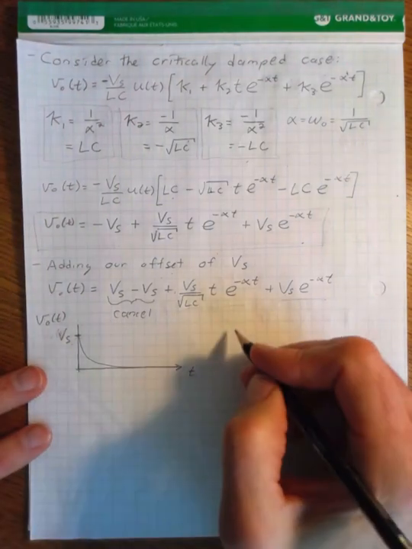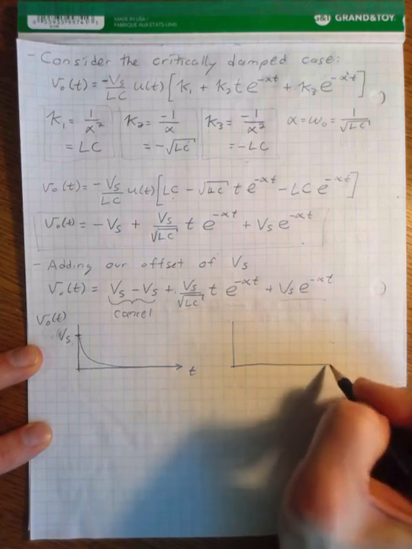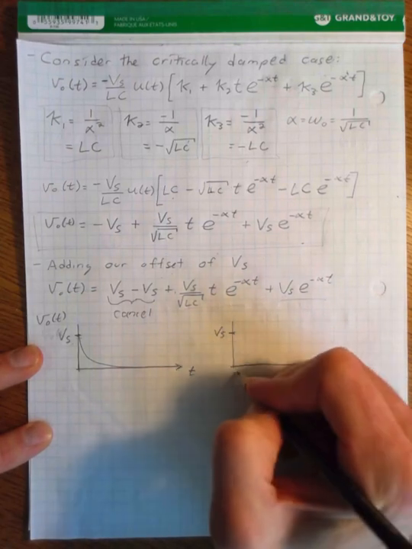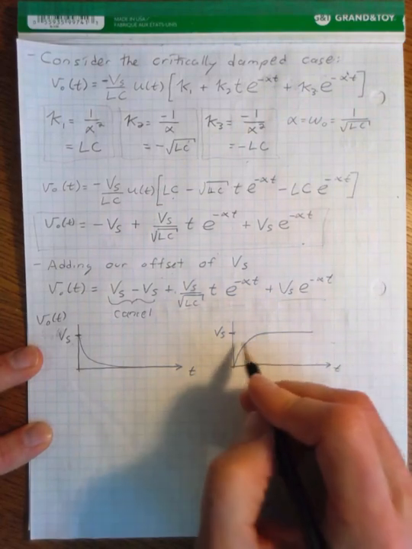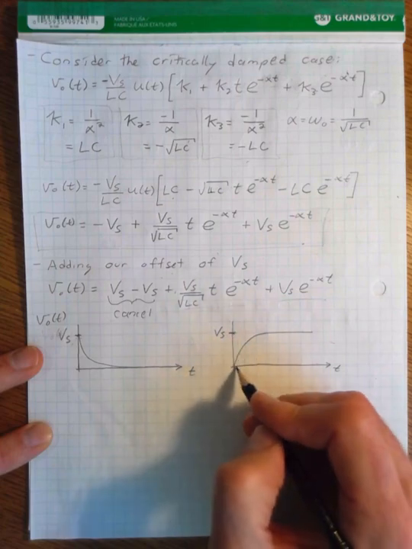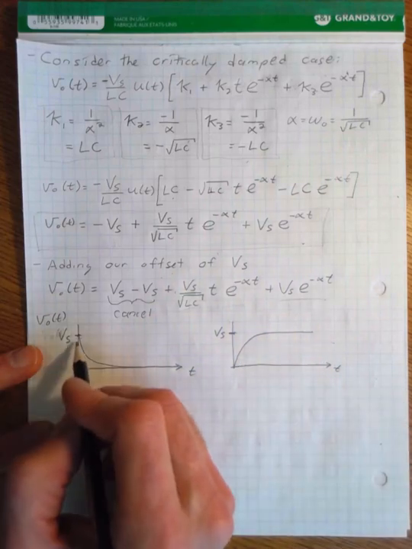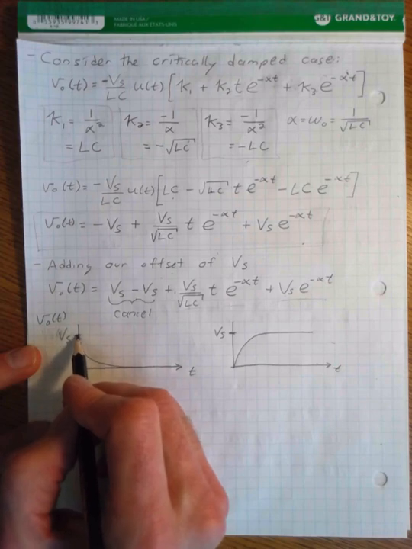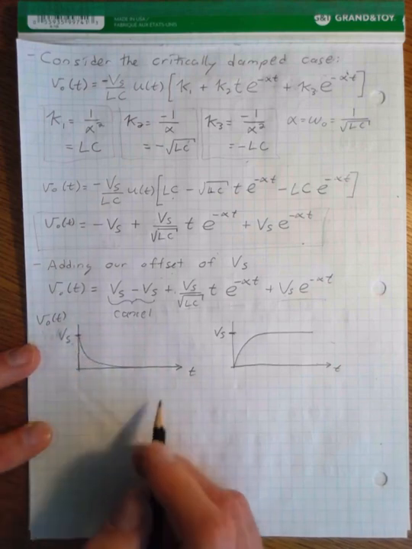So remember our step function looked like this. We had a steady state response of Vs, and then our transient response had this exponential characteristic. The source-free response, when we turn off our voltage source, starts out at Vs, and then we get the same sort of exponential type transient response.